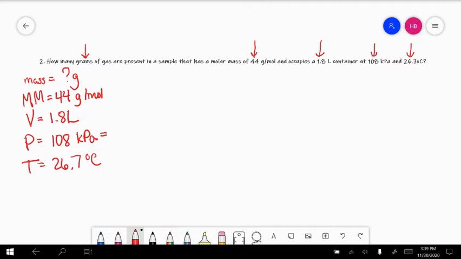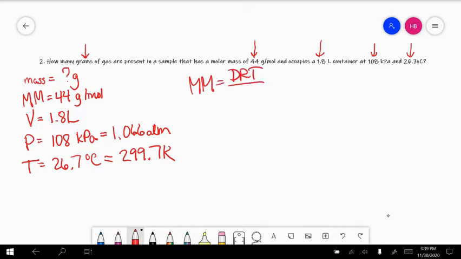So 108 kilopascals divided by 101.3 kilopascals in one atmosphere gives us 1.066 atmospheres. 26.7 degrees Celsius, add 273, and you get 299.7 K. Let's remember our molar mass kitty puts dirt over the P.